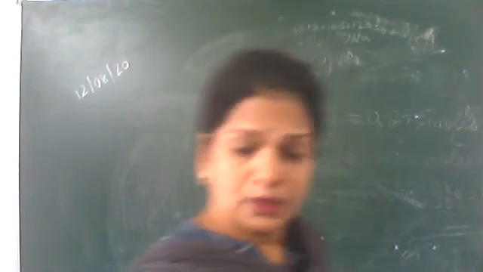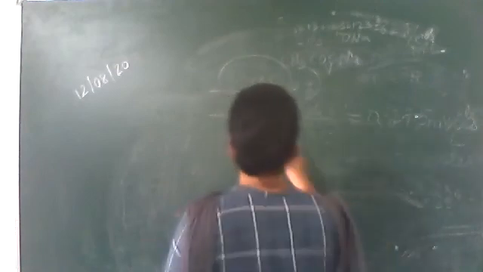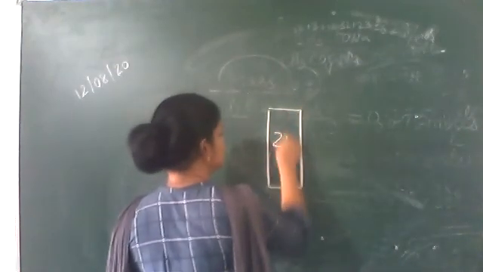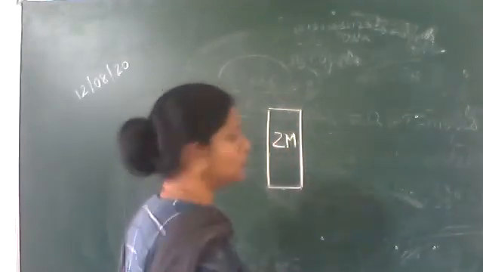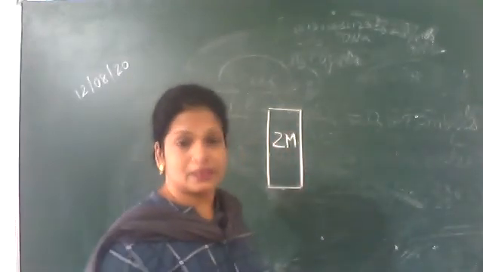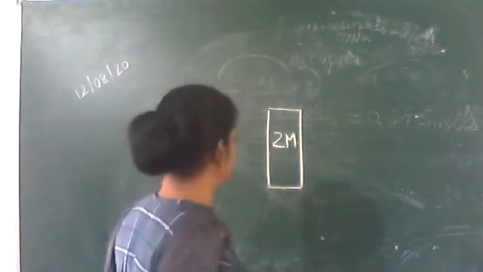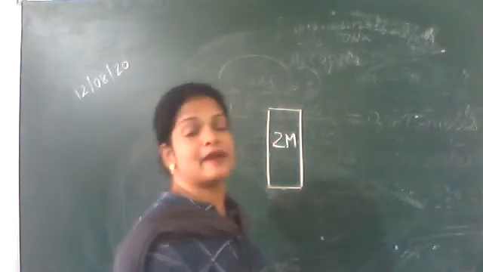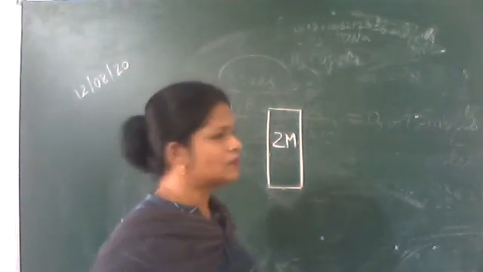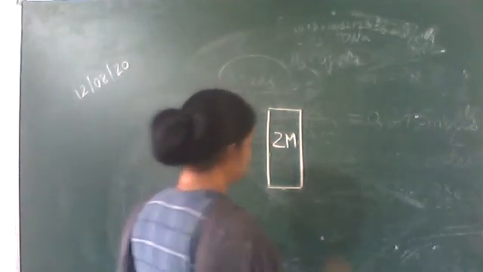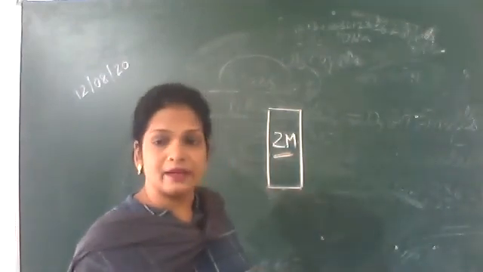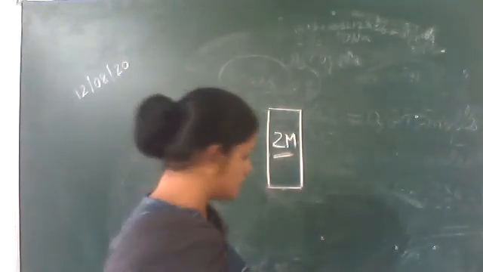Suppose you have a solution whose molarity is 2 molar and you want to prepare only 0.5 molar solution, that also 500 ml.